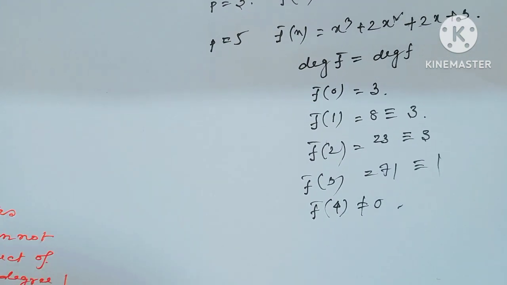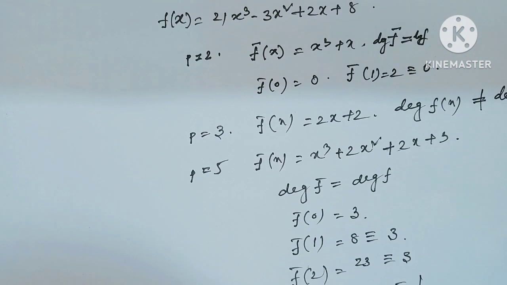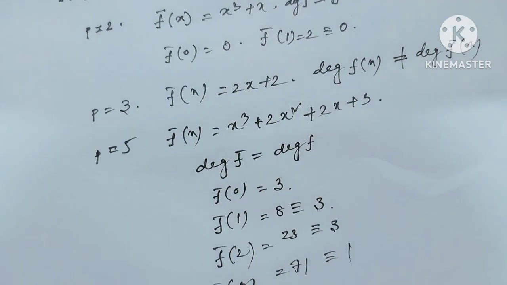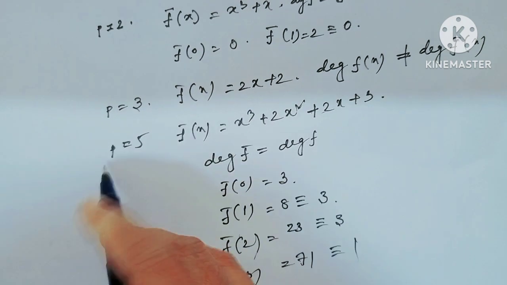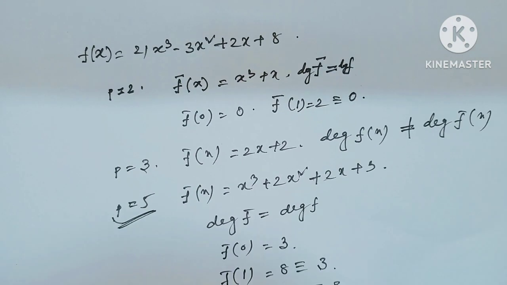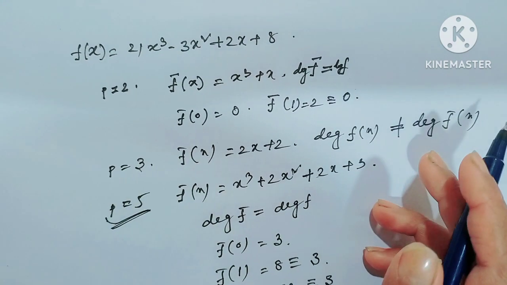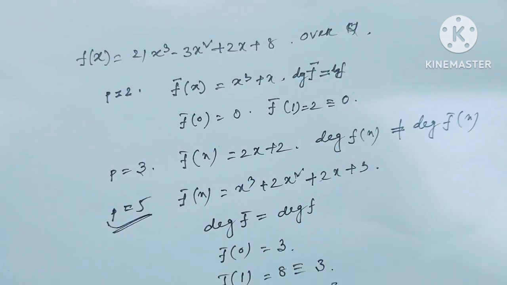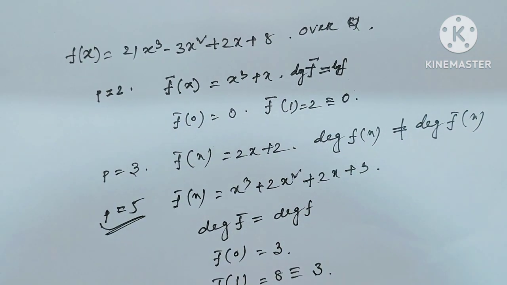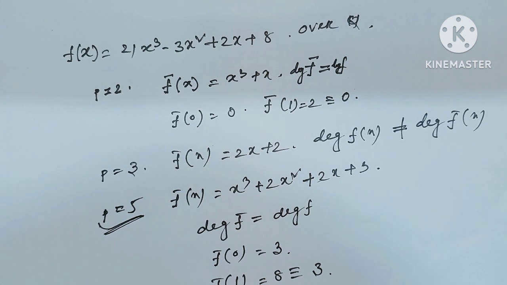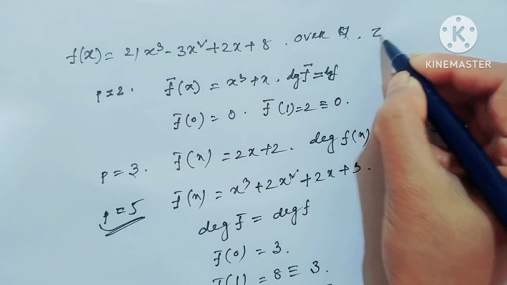Since it has no zero in mod 5, obviously for this prime we can tell the function f(x) is irreducible over Q. And all of us know, if f is irreducible over Q, then it is irreducible over Z also.